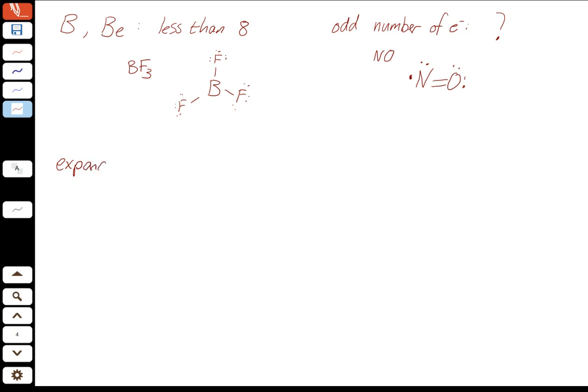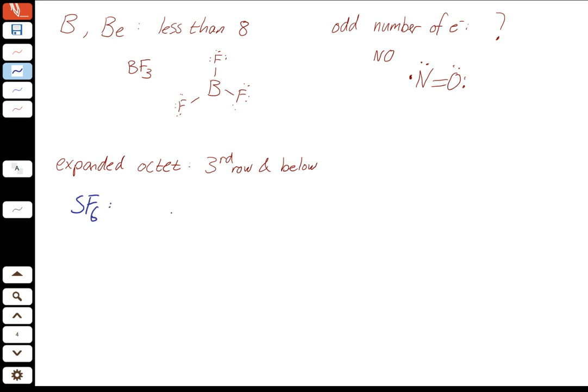the other exceptions is anything in the third row of the periodic table and below can have more than 8 electrons around it. So we're not limited to 8 electrons. So we get what are called hypervalent species, which are things like SF6.